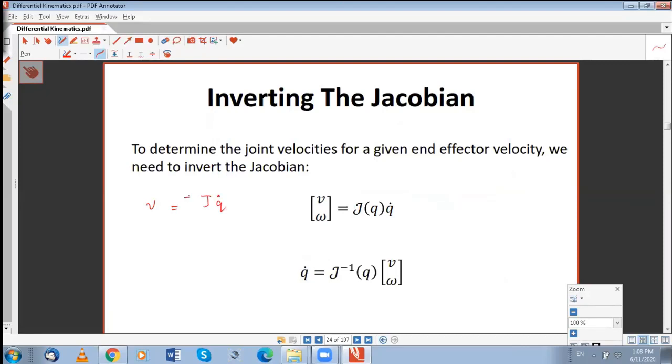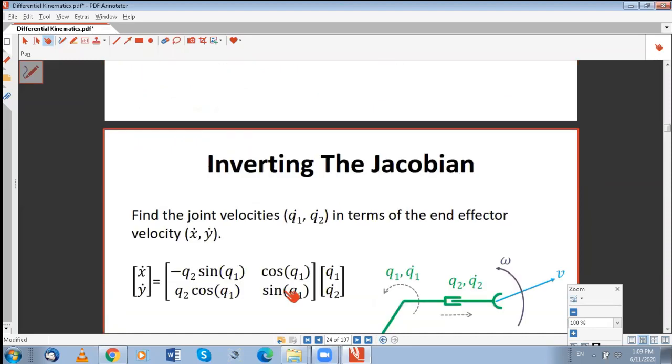You want to get rid of this guy. You want to multiply both sides by the inverse of the J. So this will give you identity matrix, which means you have Q dot here. And on the left side, you have J inverse multiplied by V. Okay, so this is the inverse of the Jacobian.